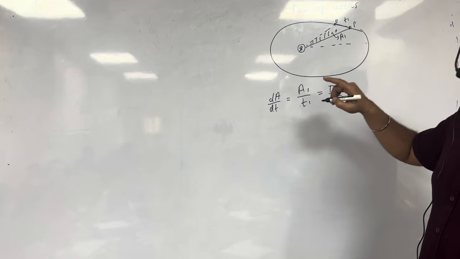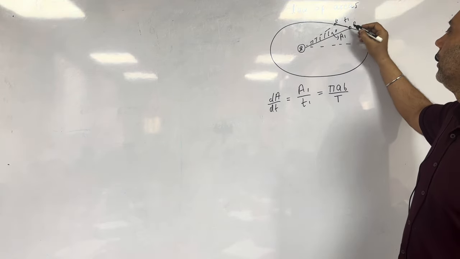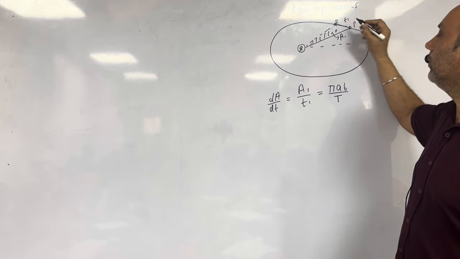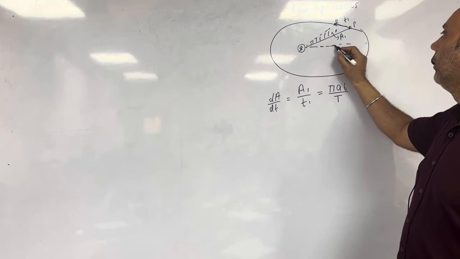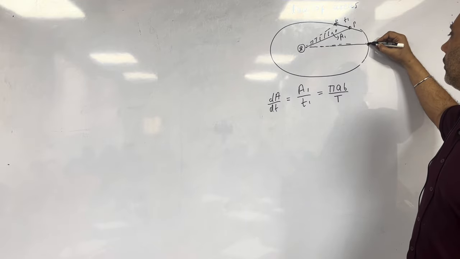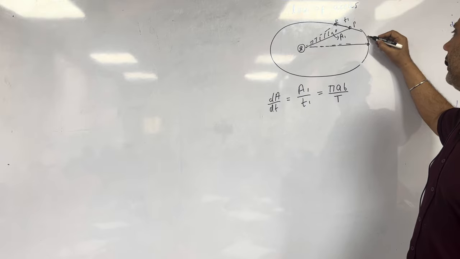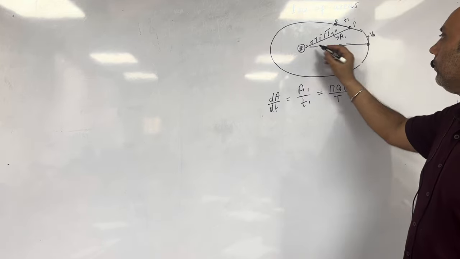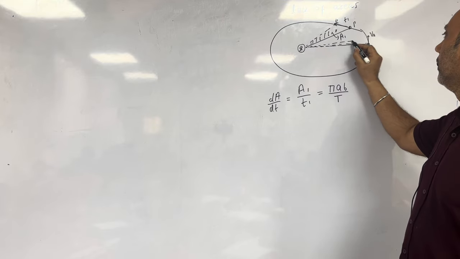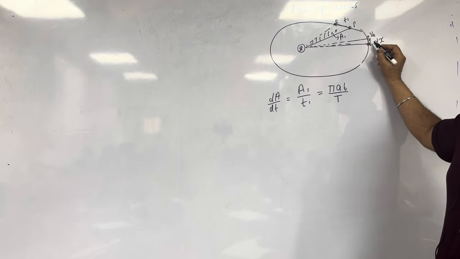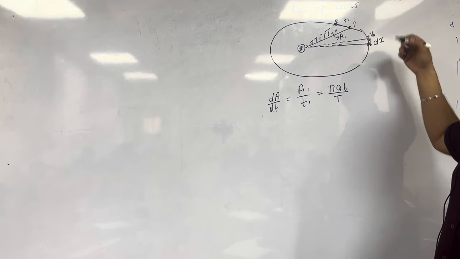Now next expression. At any point, suppose you are considering, here is the velocity, or at apogee point it's very easy to understand. Say this is the apogee point, here velocity is VA, suppose. And suppose the planet is covering some dx distance in dt time.